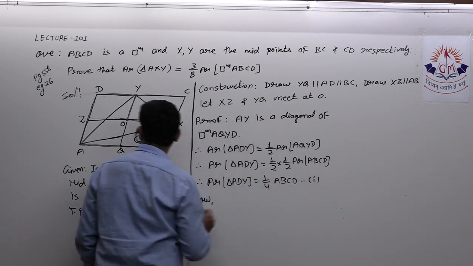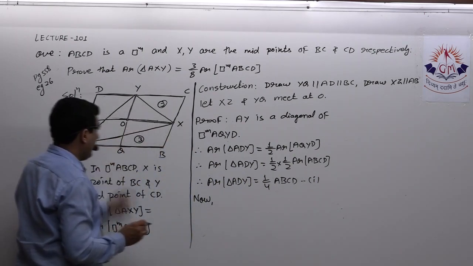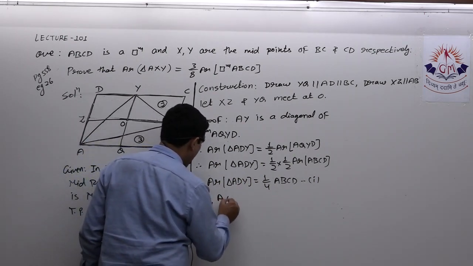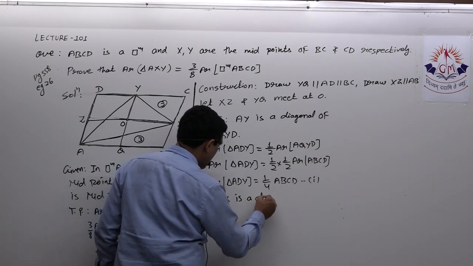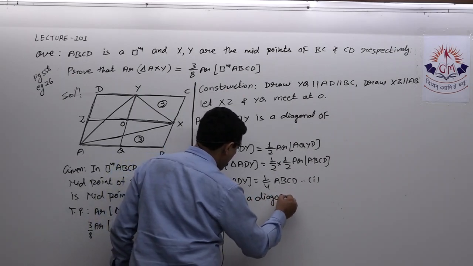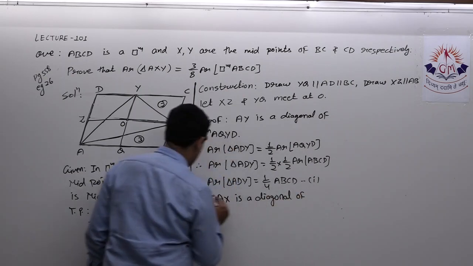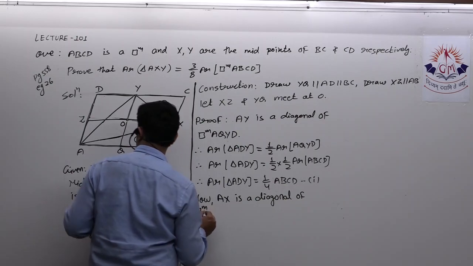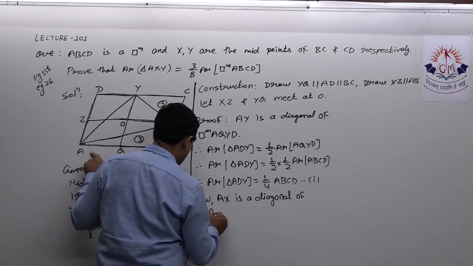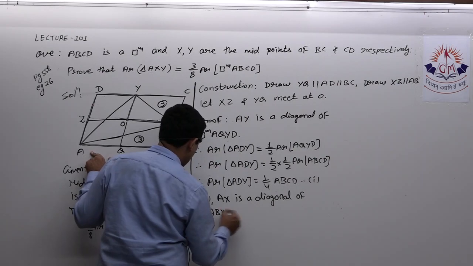Okay, now similarly I can write, now AX is a diagonal of parallelogram ABXZ.